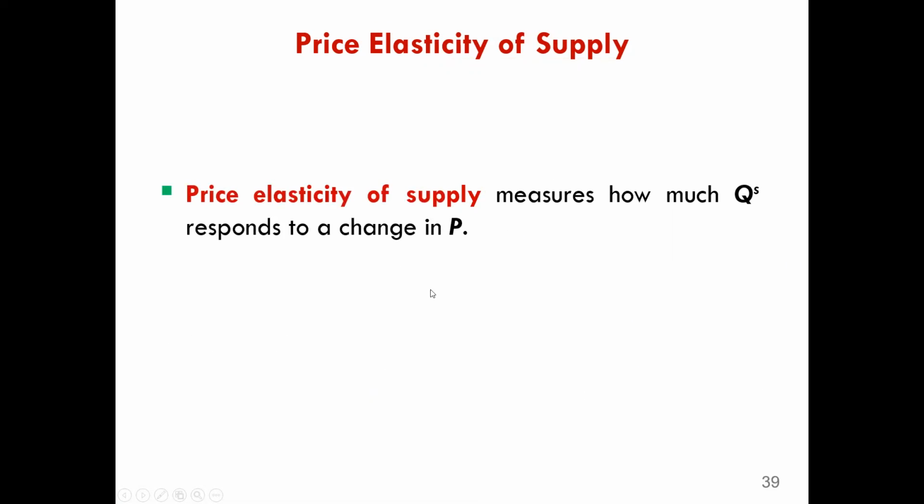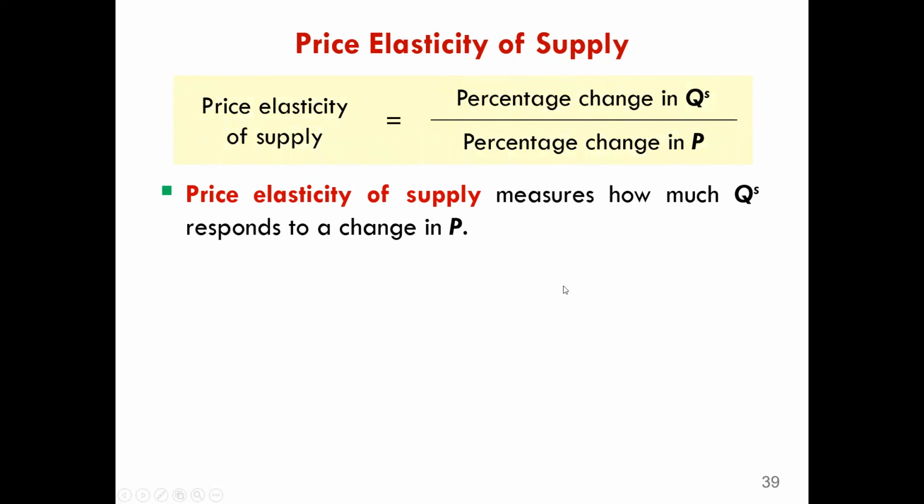Now, price elasticity of supply is another important component we need to look at. The beauty of this is that it is not very different from the price elasticity of demand. It's just that in this case, we are looking at how quantity supplied changes when the price of the good changes.